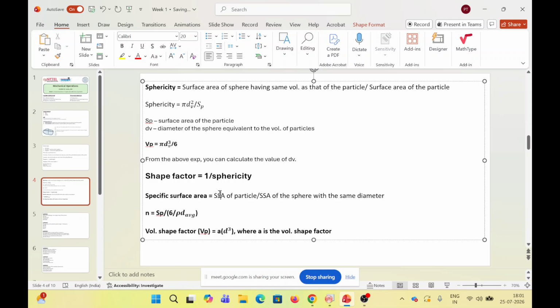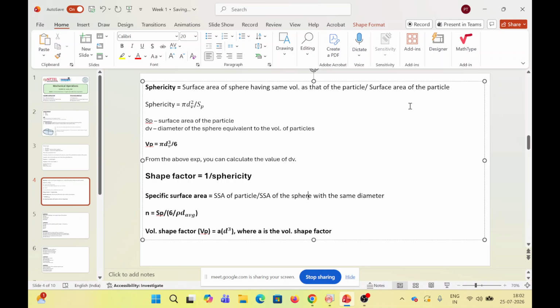So the specific surface area is the surface area of the particle, which is SP, divided by the specific surface area of a sphere with the same diameter. For this one you have to consider the density, because we are talking about specific surface area.